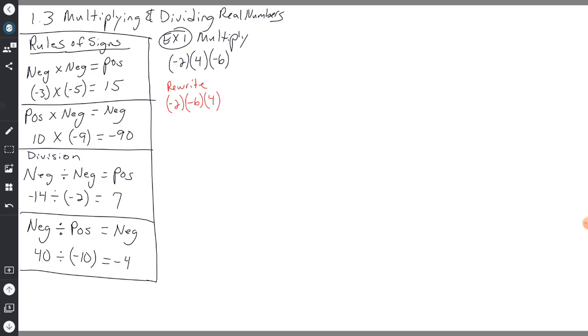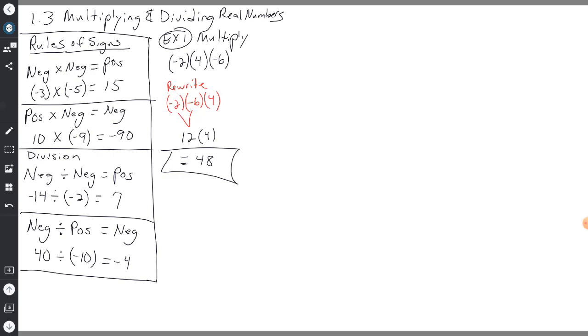Now we can take these two negatives. Negative times a negative gives us what? Positive, right? So now it's 12 times 4. Multiplying 12 times 4, they're both positive now, so we're going to get a positive result. So it's equal to positive 48.